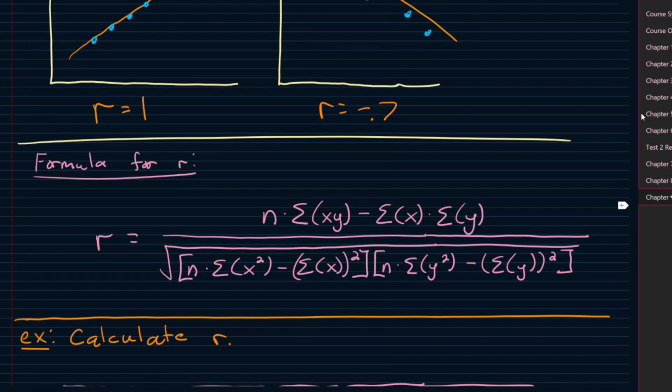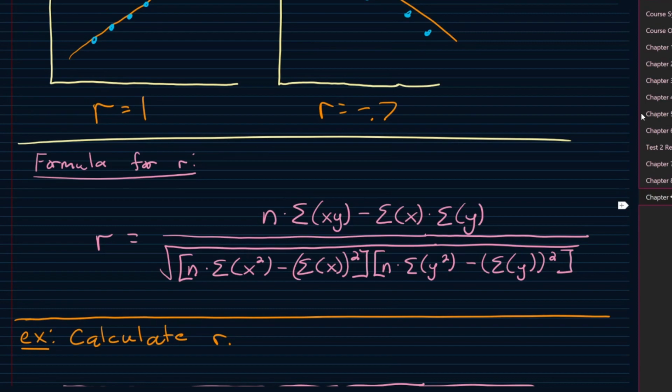So remember, in order to do this, we've got two columns, x and y. And then we want to make extra columns for all the summations here. So I see a summation xy in the formula, so I know I need a column xy. We've already got a column for summation x and a column for summation y, so we don't need to add any new ones there.